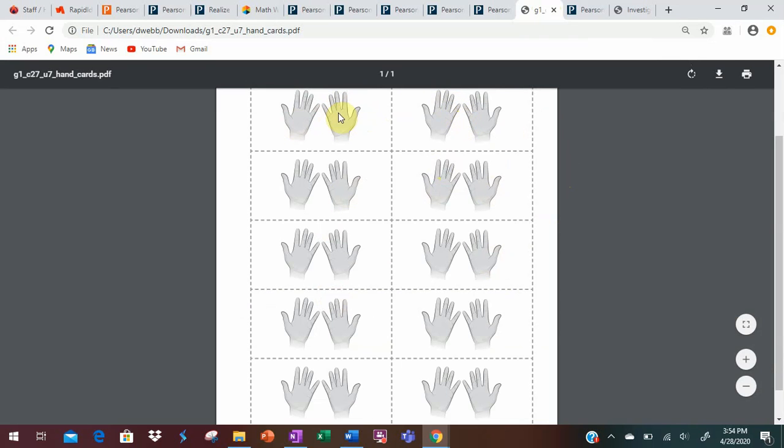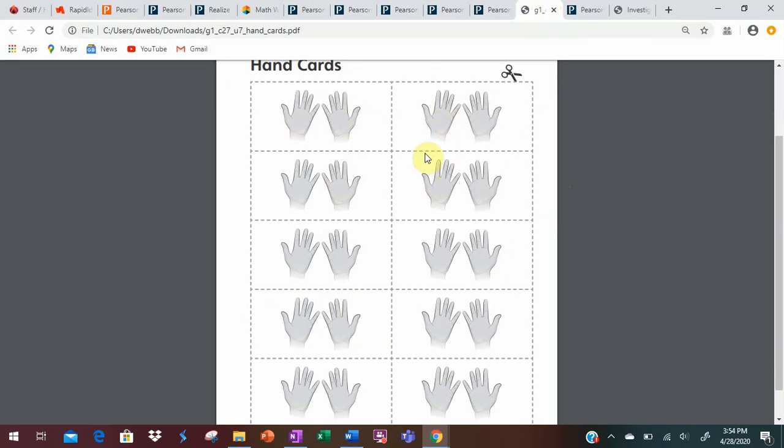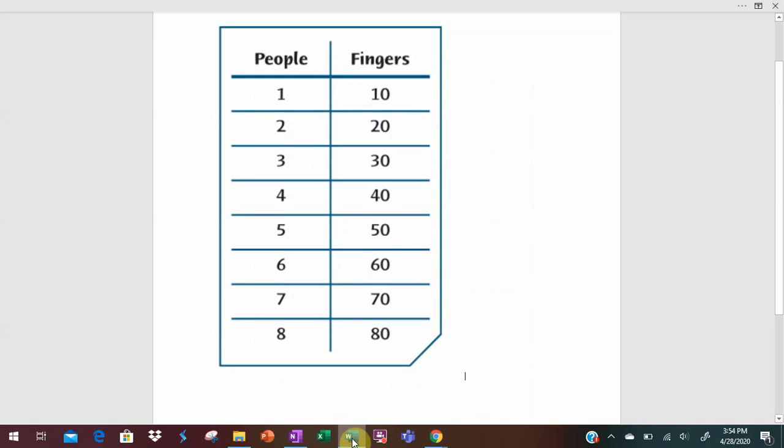That's 2 people. 10, 20, 30 is how many people? 1, 2, 3 people. 40 is 1, 2, 3, 4 people. When you get 10, 20, 30, 40, 50, that's how many people? 5 people. Okay, so I have this chart right here that should help you.